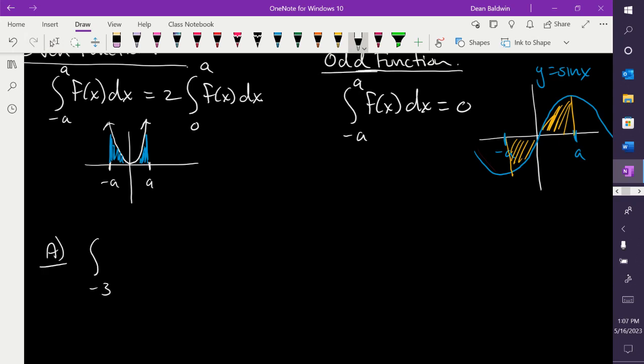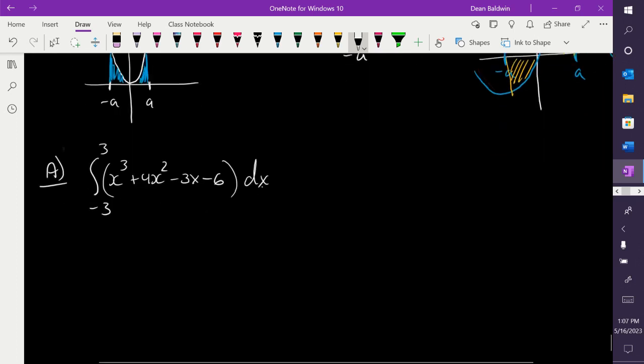Integral from negative 3 to 3. Now that doesn't look like anything that we've seen so far.